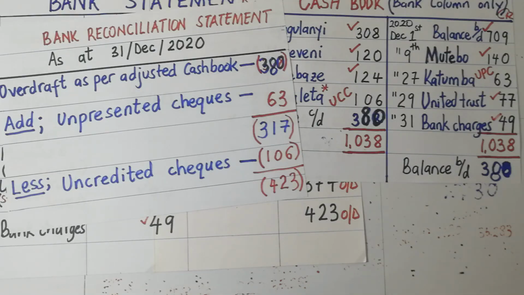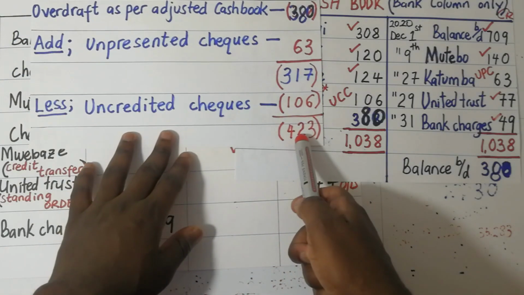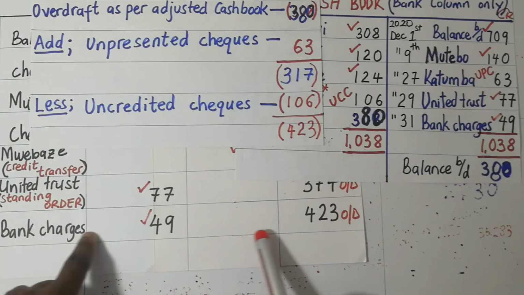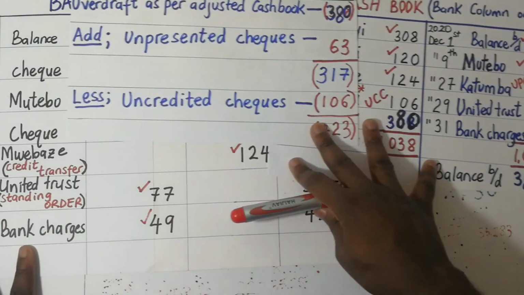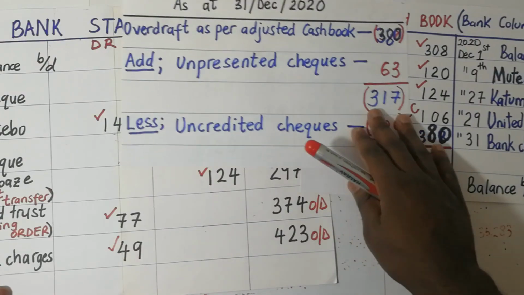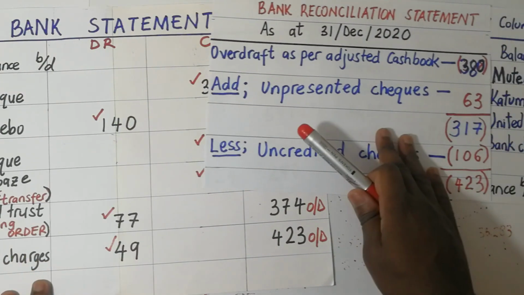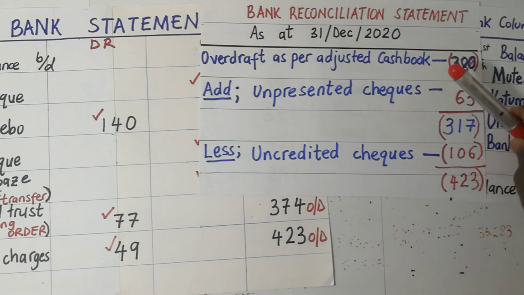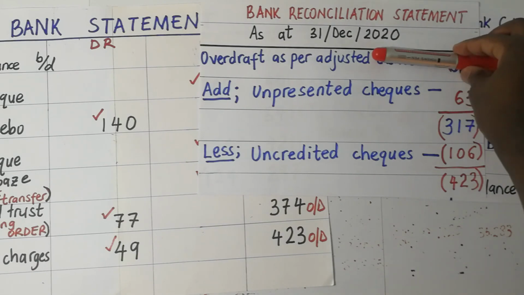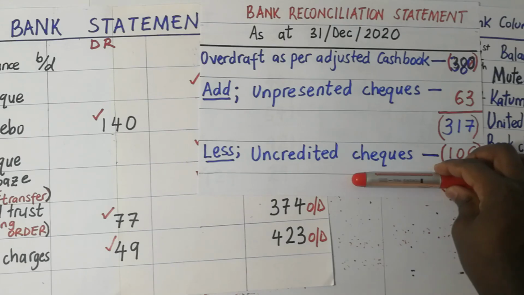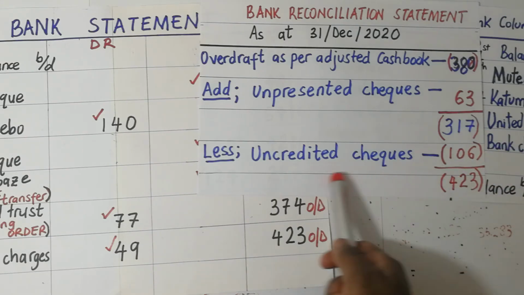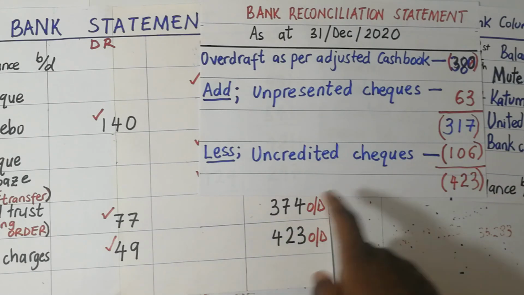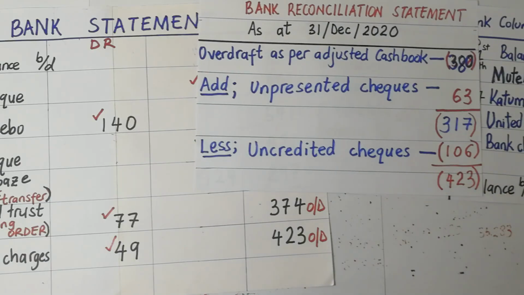Now this 423 that we have ended up with so happens to be the overdraft that is at our bank statement. In other words, our bank reconciliation statement has explained the variance between the adjusted cash book balance and the bank statement balance. So this is the balance as per bank statement, which so happens to be an overdraft.